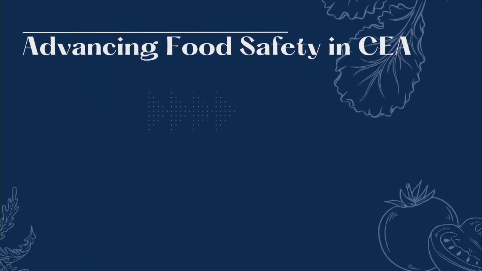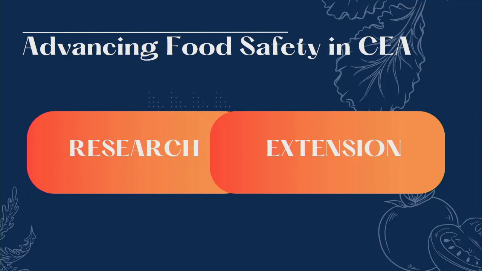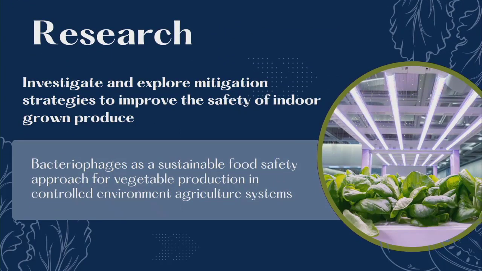So my group is doing both research and extension to try to address and mitigate those risks for controlled environments. I'm talking a little bit about the research that I'm doing here. I am investigating and exploring mitigation strategies to improve the safety of indoor grown produce.